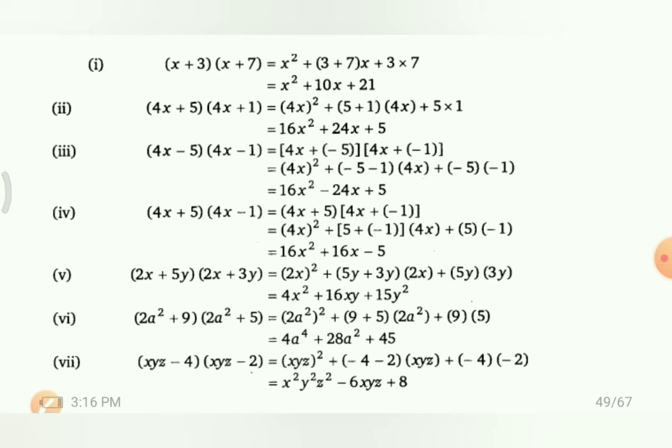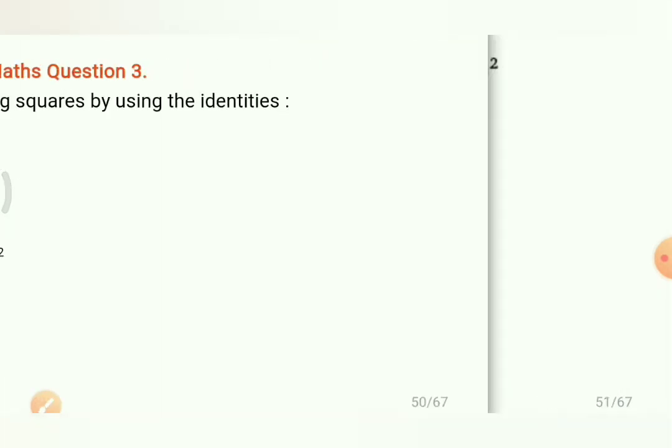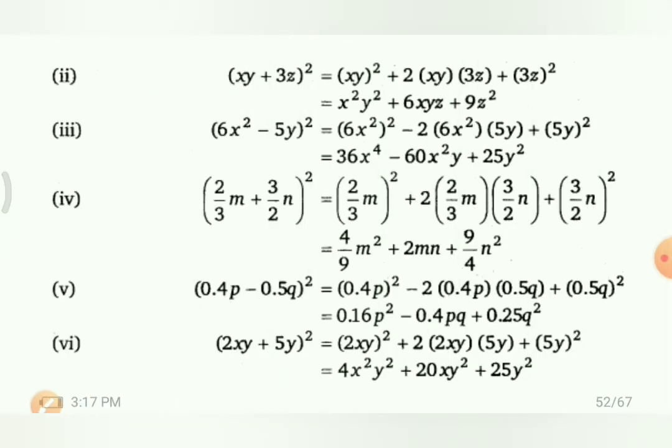They have specifically mentioned that you have to use identity number 4. So we'll use the same. Here x plus a and x plus b was the formula, you remember? So a is 3 and b is 7. So you have to use that formula and try to solve. Answer will be x square plus a plus b, that is 3 plus 7 into bracket x plus a into b. A into b is 3 into 7. So you have to solve the subsequent sums in the similar fashion.